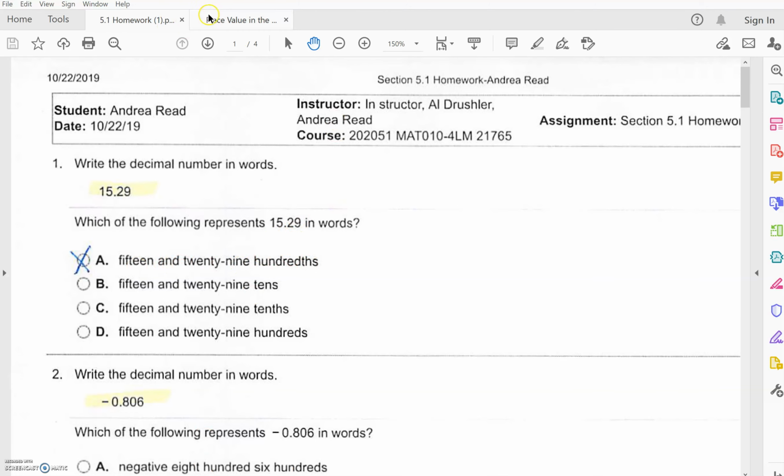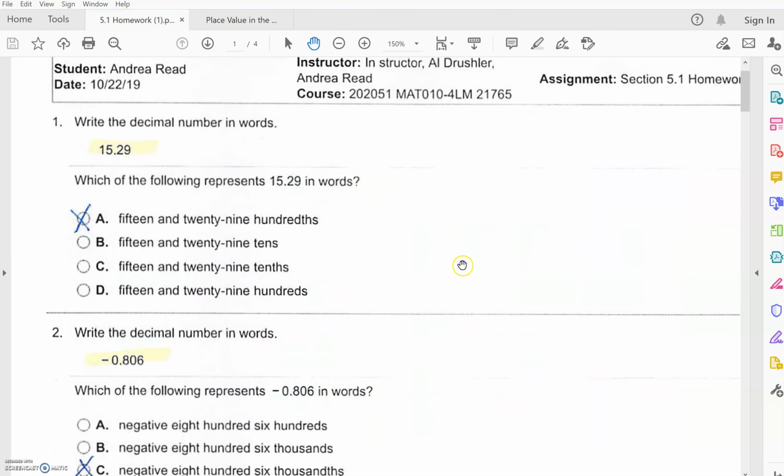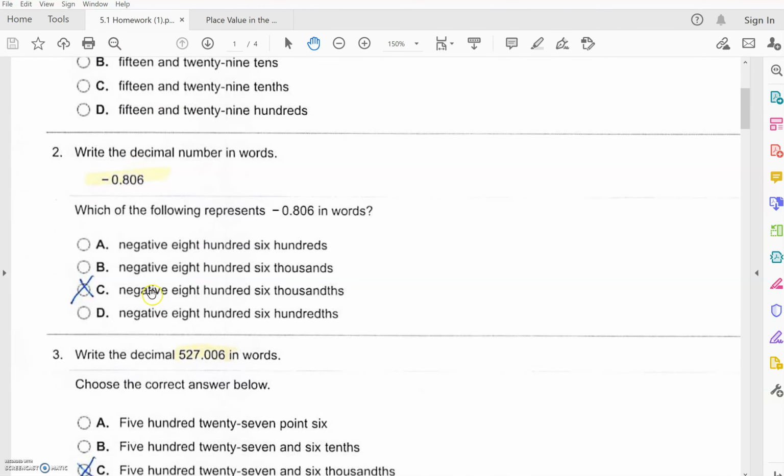Hundredths: if you look at your place value, there are 2 digits, and when you're 2 digits to the right, you know you're in a hundredths position. So that's what you're going to do with all these. You're going to determine. So if you look at number 2, there is no number on the left side, so there wouldn't be the word and like we saw above.